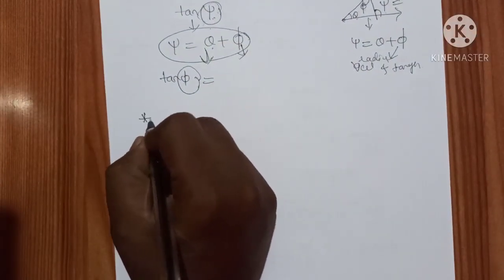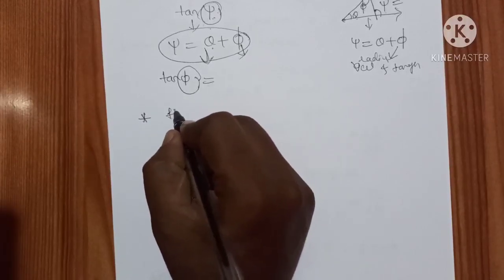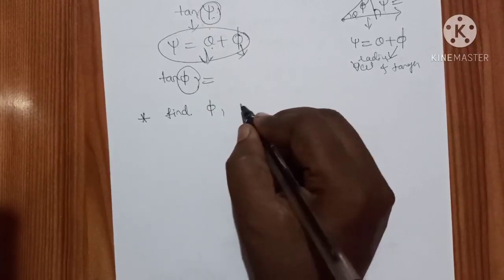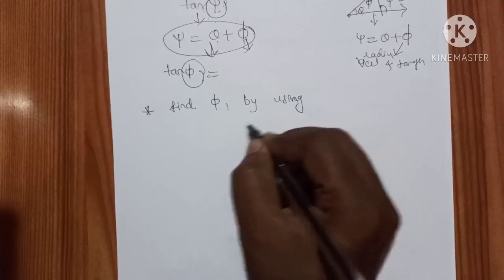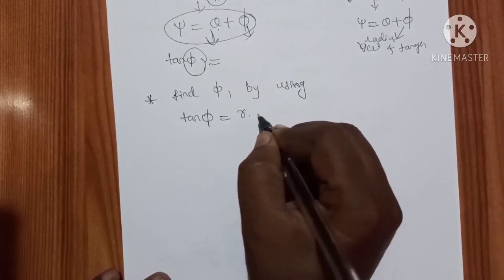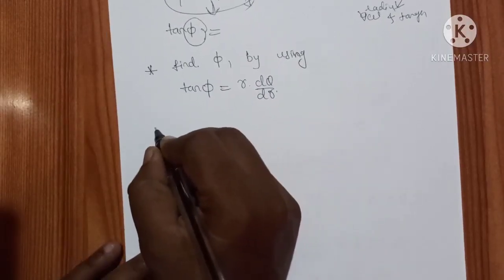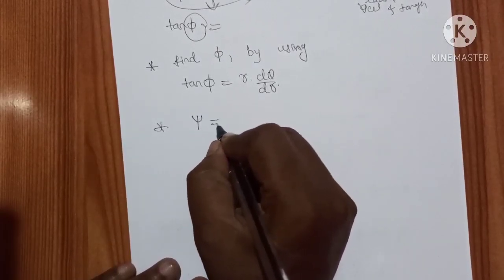First step, find phi by using the formula tan phi equals r into d theta divided by dr. Second step is find psi.